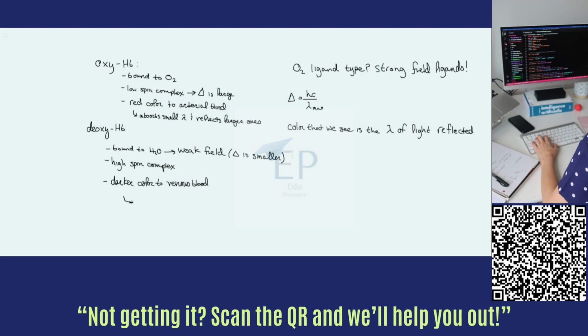So we are probably absorbing longer wavelengths and reflecting back shorter wavelengths, which is why blood can appear dark or almost bluish tinted.